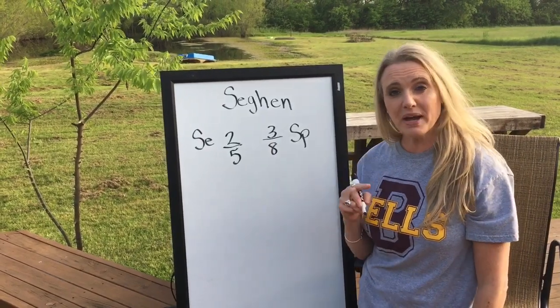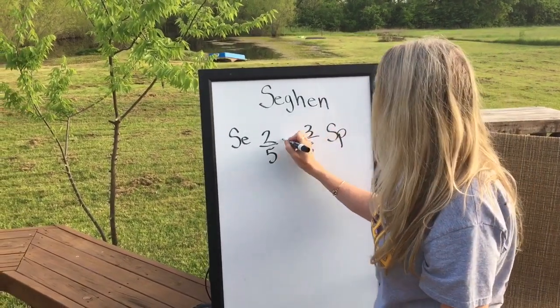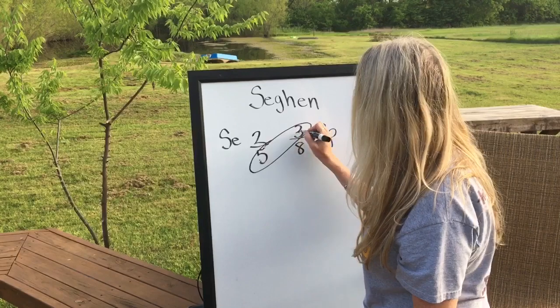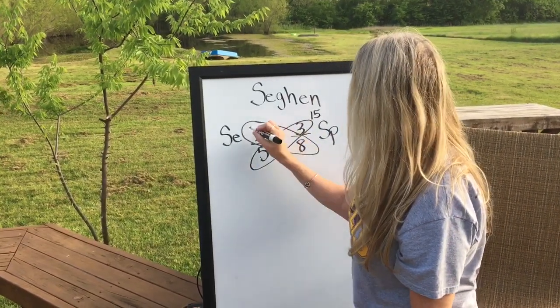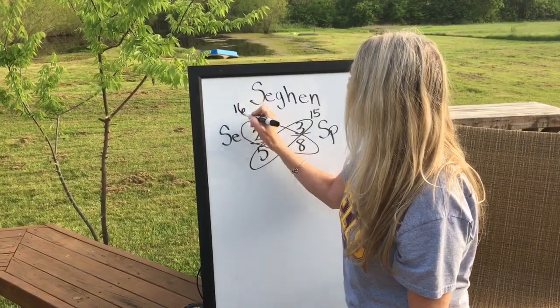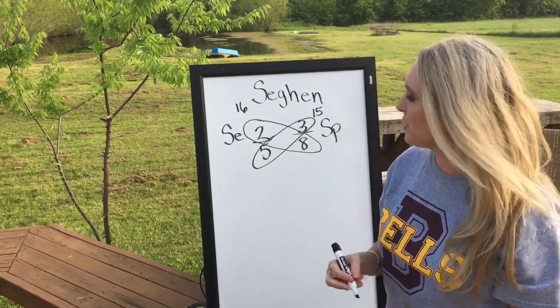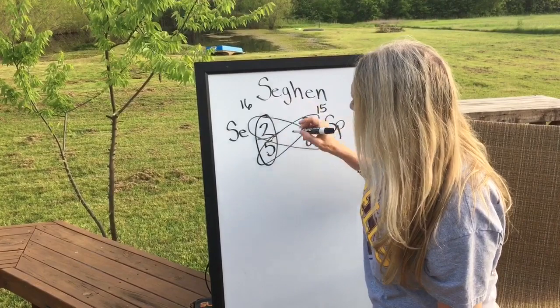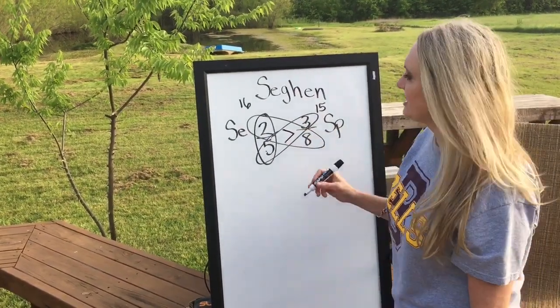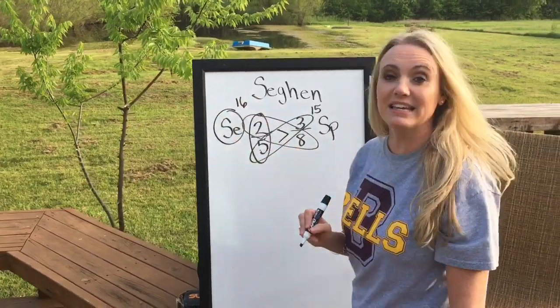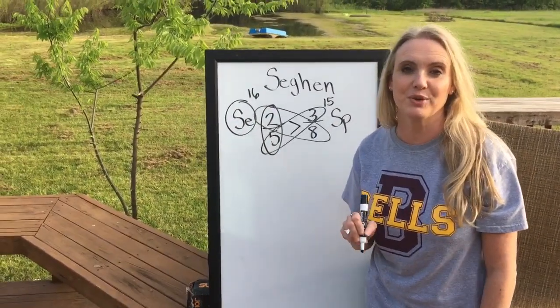So we need to think back to our cross multiplication. We want to multiply 5 times 3 and we get 15. 2 times 8 is 16. This was a super close problem. So 2/5 is greater than 3/8. So definitely Segan spent more time playing video games.